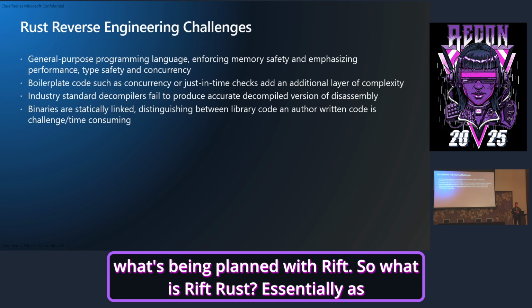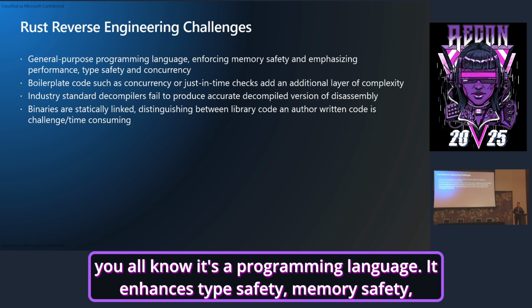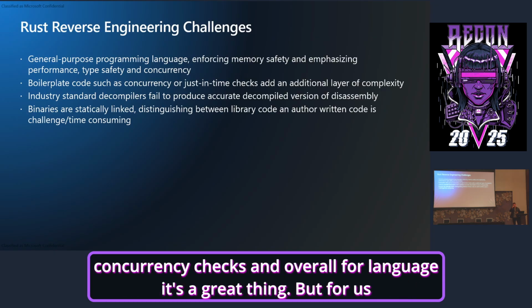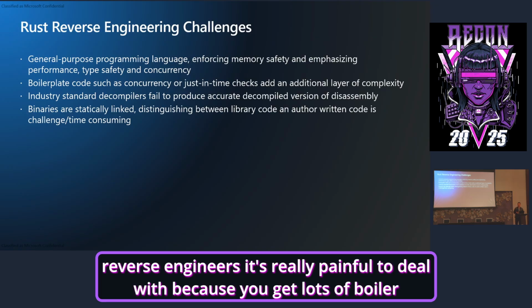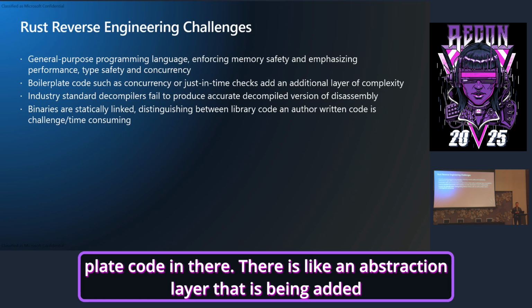So, what is Rust? Essentially, as you all know, it's a programming language. It enhances type safety, memory safety, concurrency checks, and overall, for a language, it's a great thing, right? But for us reverse engineers, it's really painful to deal with because you get lots of boilerplate code in there.